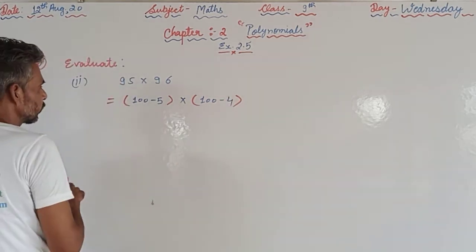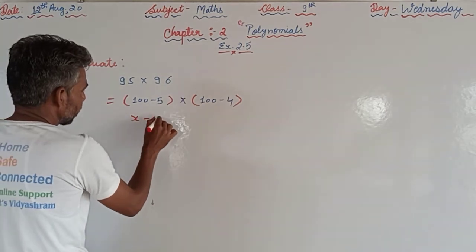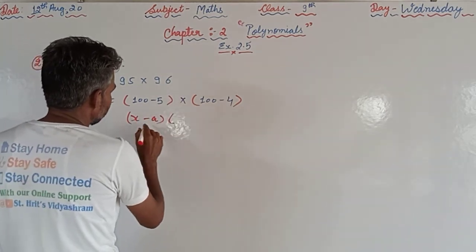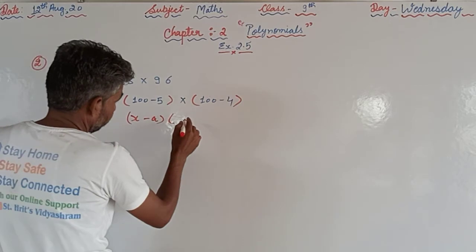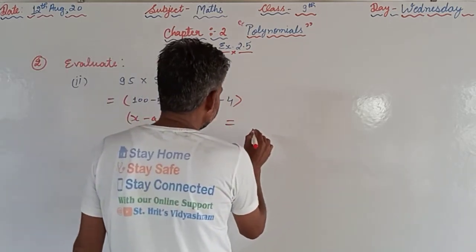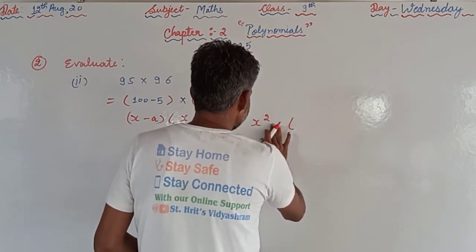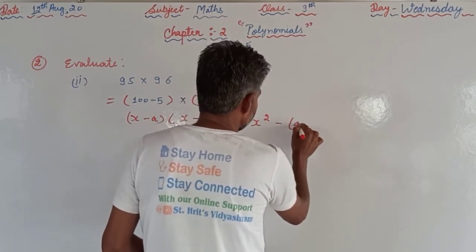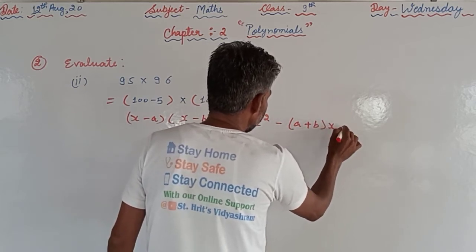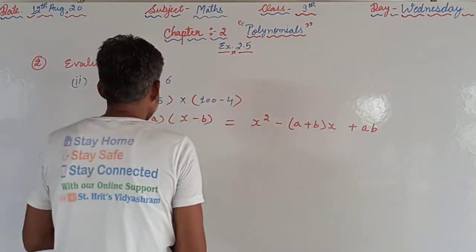So again we are supposed to use the same identity, (x minus a) into (x minus b) equals x square minus (a plus b) into x plus ab.